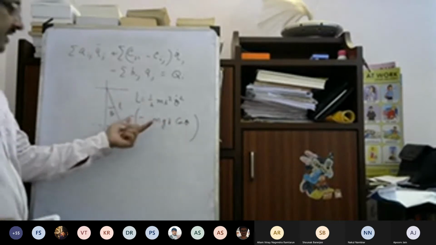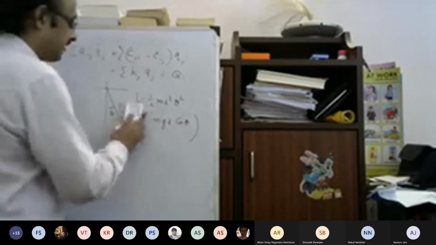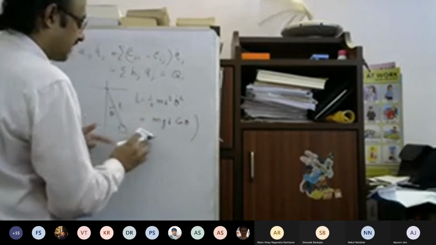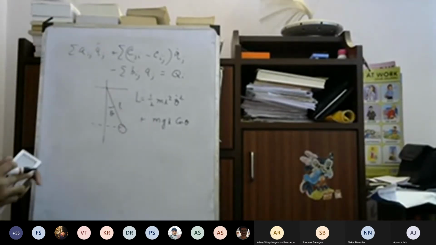So minus mgl cosine theta is the potential energy, and the Lagrangian is kinetic energy minus potential energy. So this becomes equal to plus mgl cosine theta. Fine.